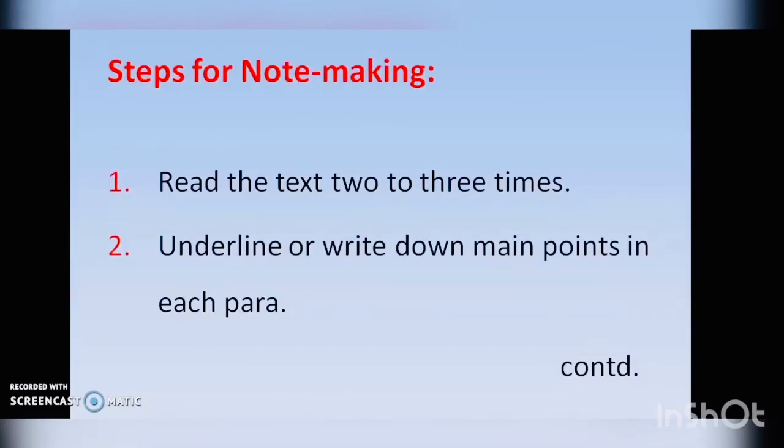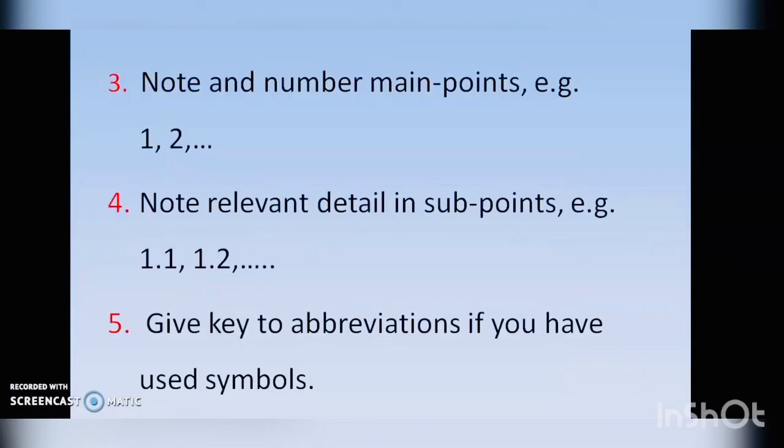Then the second step is you underline or write down the main points in each paragraph. The text usually is divided into different paragraphs, so you take a pencil with you, and either you highlight or underline, or you write down the main points in each paragraph.